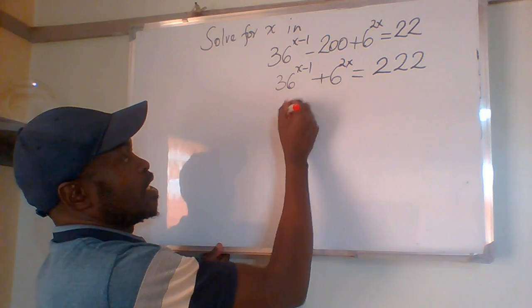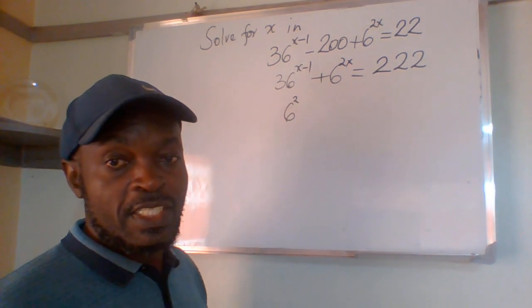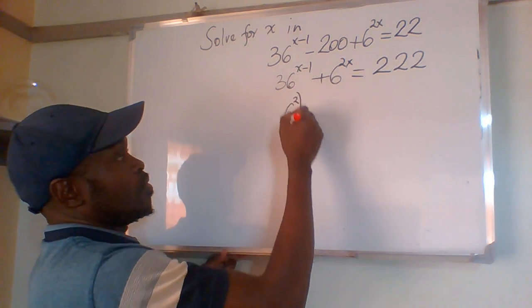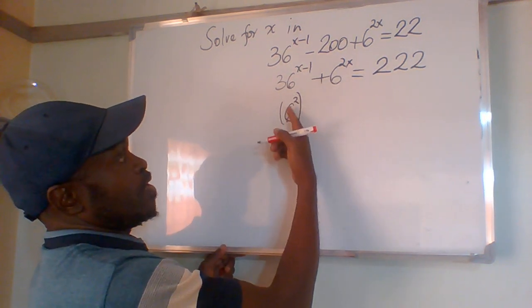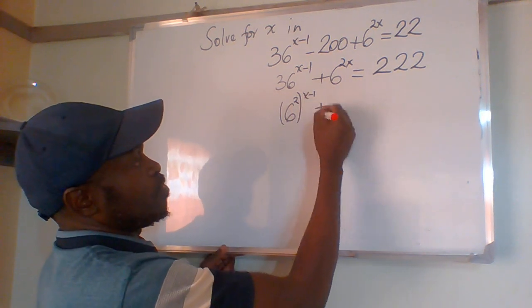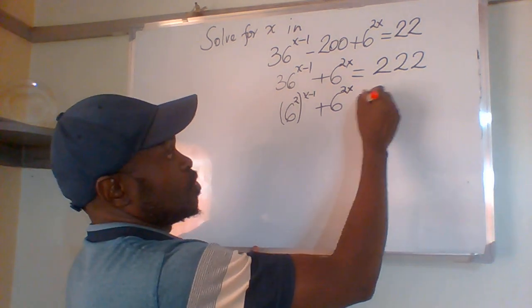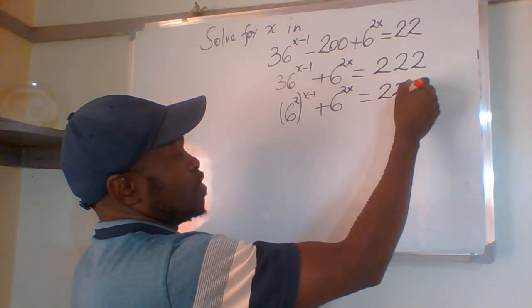So you can see 36 is actually 6 raised to 2. Now from our laws of indices, plus 6 raised to 2x is equal to 222.